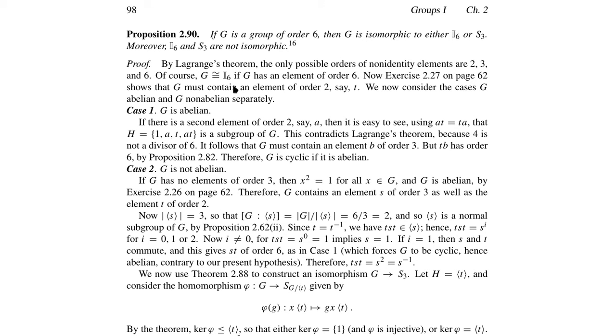So case 1, if G is abelian, if there is a second element of order 2, say A, then it is easy to see that it's going to be commutative. So AT is equal to TA, that you can have a subgroup which contains 1, the identity, the element A, T, and AT, right? Because it's going to be a subgroup because everything in H commutes.